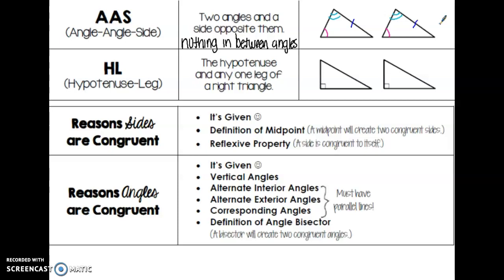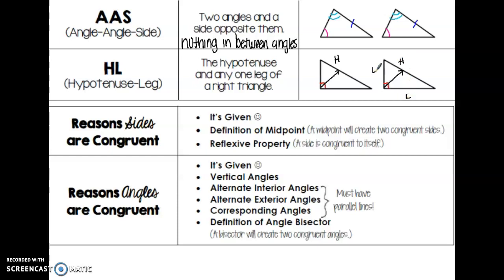Your hypotenuse leg, it is 1 hypotenuse and any leg of 1 right triangle. Remember, 9 times out of 10 it will be hypotenuse leg, but it won't be hypotenuse leg always if you see this little right angle right here. And so remember we talked about this, in order to find the hypotenuse, you have to start at the vertex of that angle, draw it straight across, and label that H. The other 2, that will be a leg.